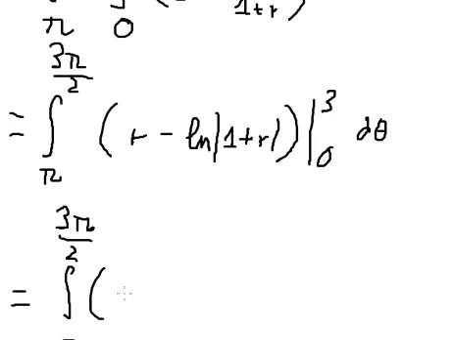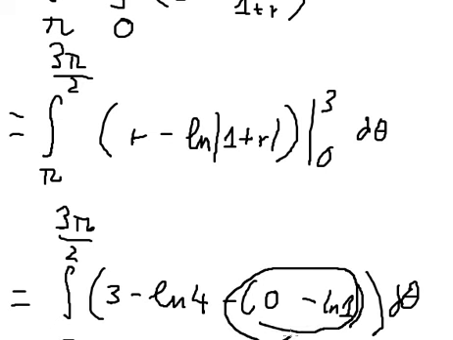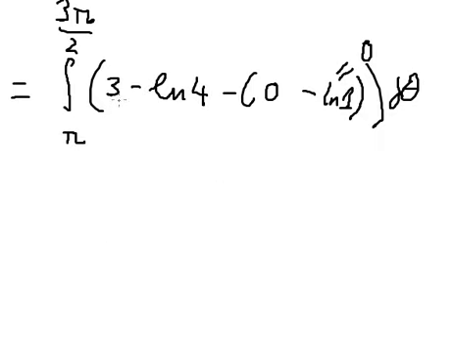And we have number 3 minus Ln number 4 minus number 0 minus Ln number 1. So this one, you got number 0 because Ln number 1 is number 0. So this one, we just have only number 3 minus Ln number 4.